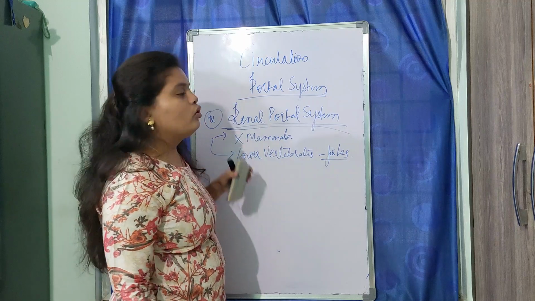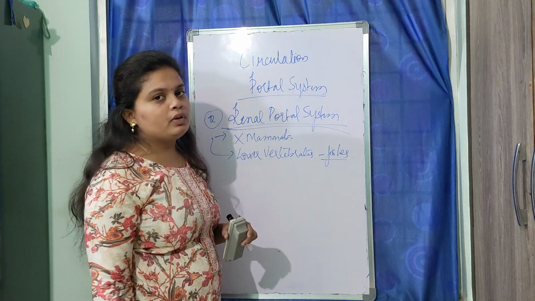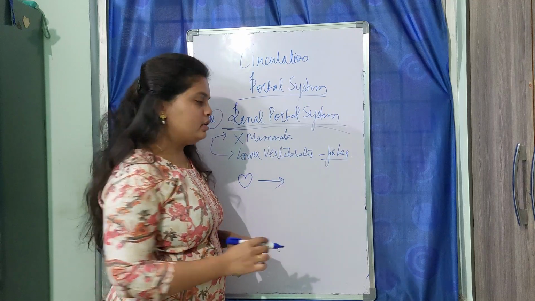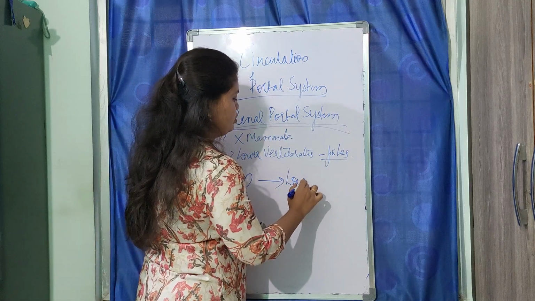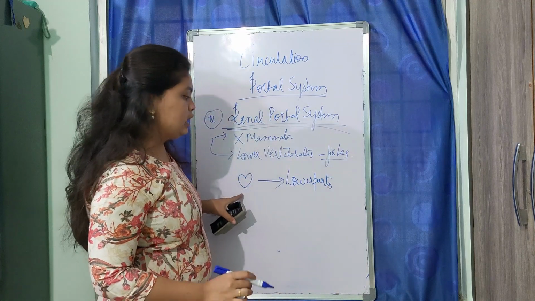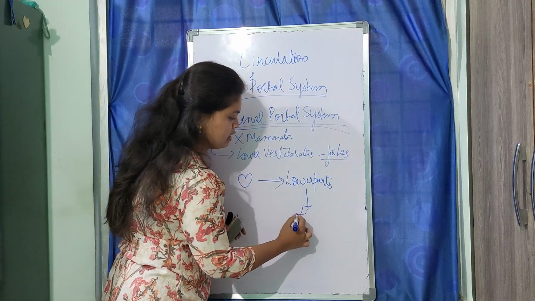So what happens in the renal portal system? The heart sends the oxygenated blood to the lower parts of the body, and instead of going back to the heart, the blood is going to visit the kidney once.